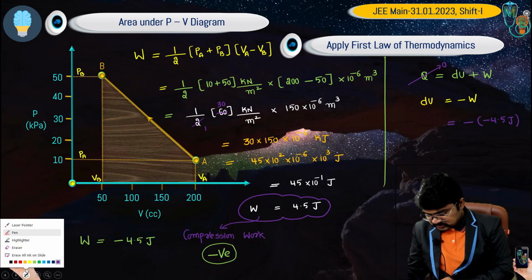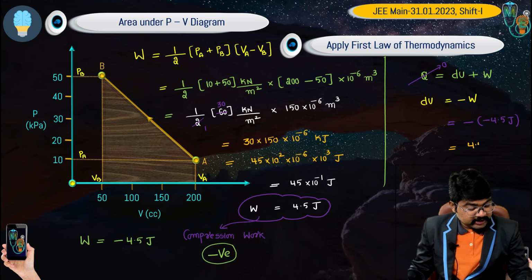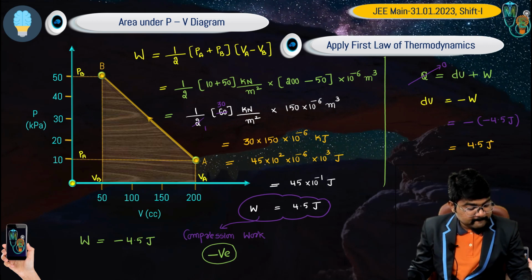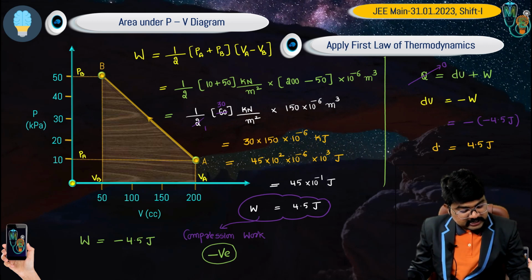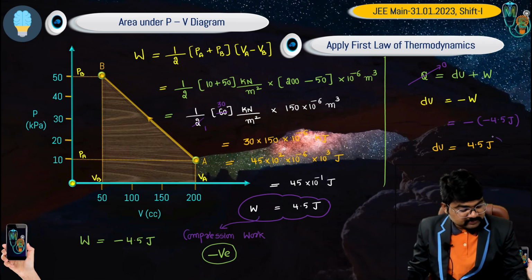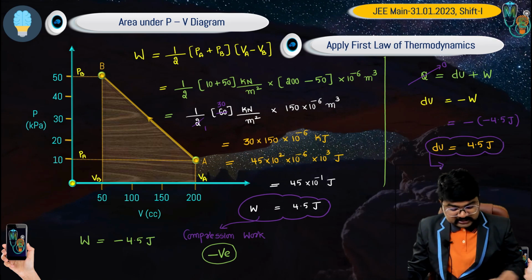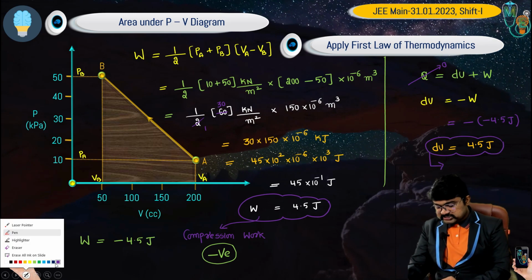Understood? So finally we got 4.5 joule. This would be dU. dU equal to 4.5 joule means an increase in internal energy. This is work done on the system.